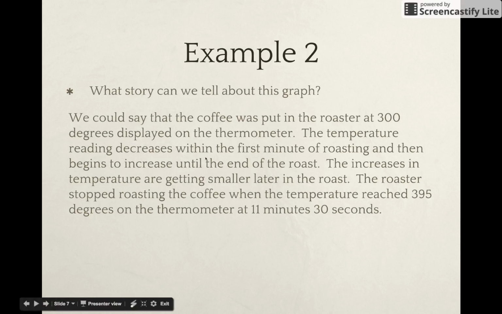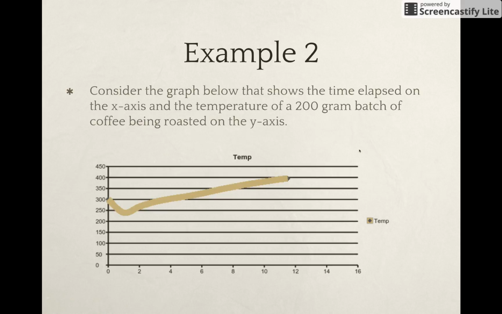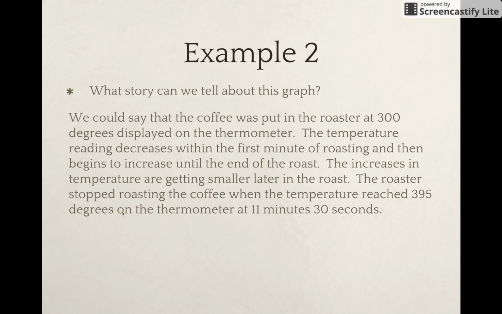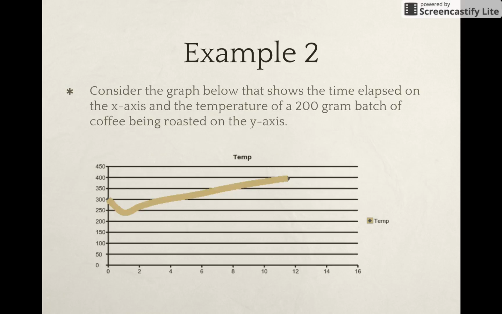The temperature reading decreases within the first minute of roasting, and we can see that here. It begins to decrease. Okay, it bottoms out and then it increases throughout until the end of the roast. If we look at the increases, we'll see that they're getting smaller as the roast progresses.